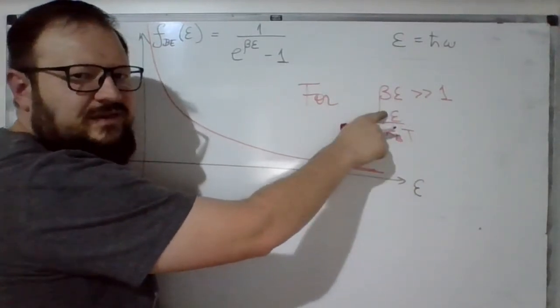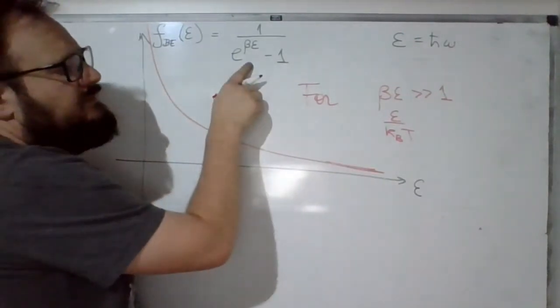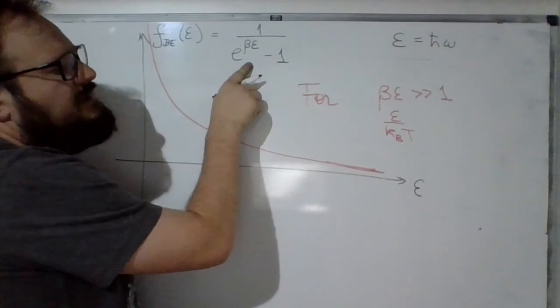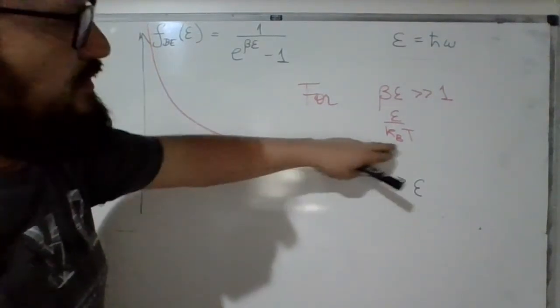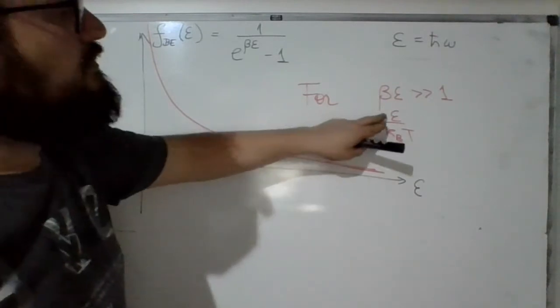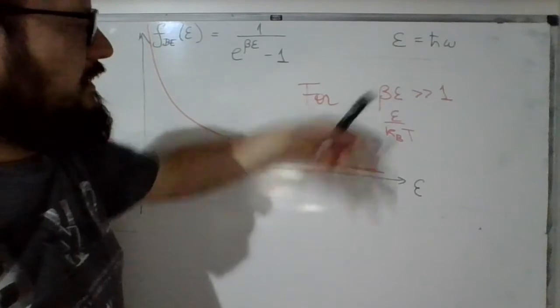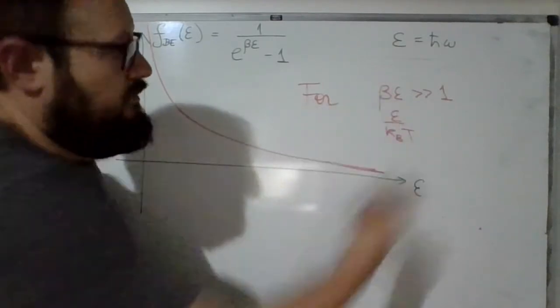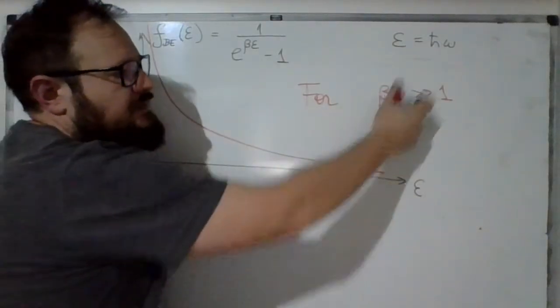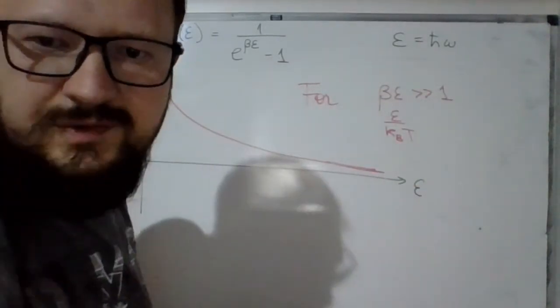For high energies compared to temperature, this exponential fully dominates, or for very small temperatures compared to this energy here. And it doesn't matter if you increase E or you reduce the temperature, it doesn't matter what you do.